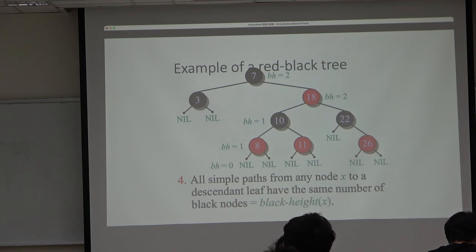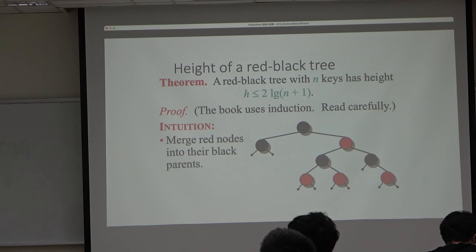So this is a red-black tree. Now, a red-black tree with n keys has height h less than or equal to 2 times log(n+1). h is the height of the tree, and n is the number of keys.